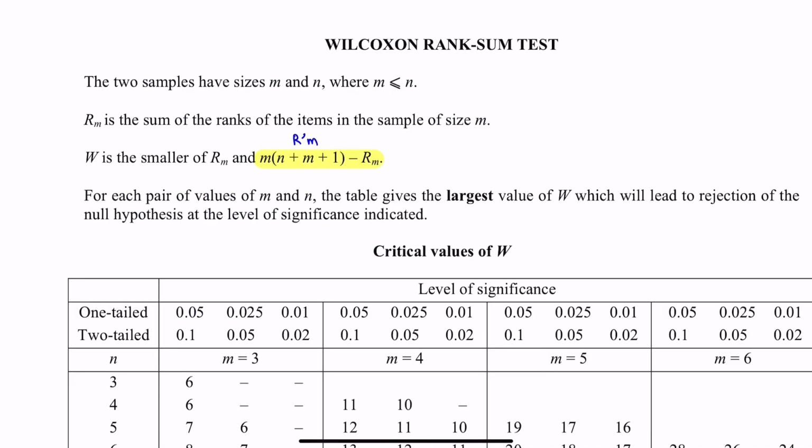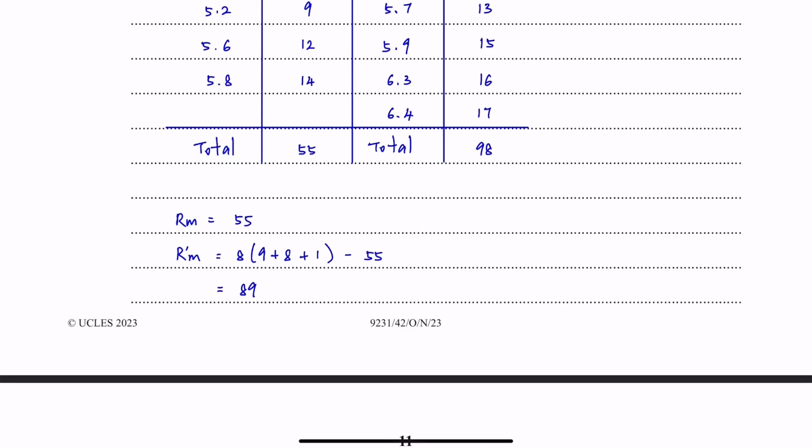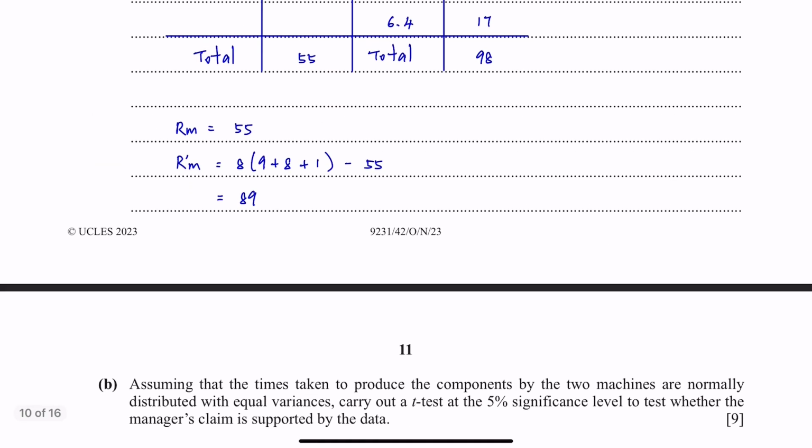So the formula booklet states that W is the smaller of Rm and R prime M. So the test statistic W would be 55. This would be the test statistic.